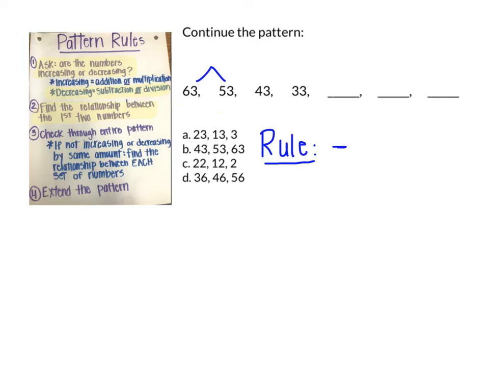So I'm going to show the work down here. 63 and 53. I can find the difference between these two numbers to figure out how many to take away. 63 minus 53 is 10. So we're subtracting 10 here.